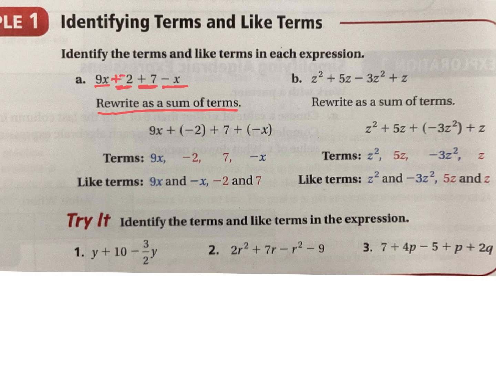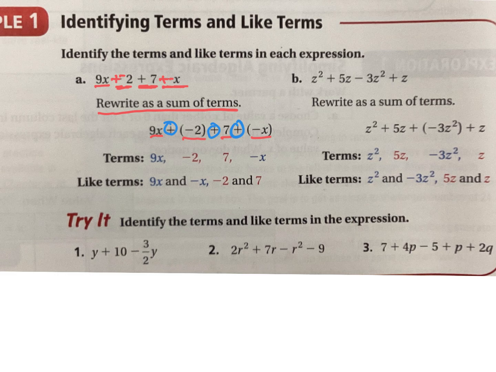So now it's 9x plus negative 2. And you can see how they did that here. 9x plus negative 2 plus 7, that's already addition. And then plus, we do add the opposite. So add a negative x, and that's right here. So now we have plus, plus, plus.